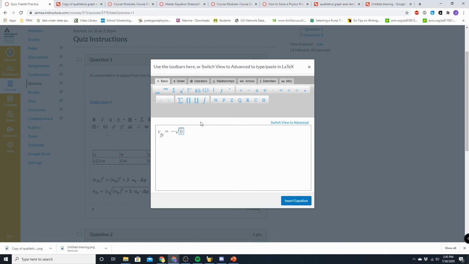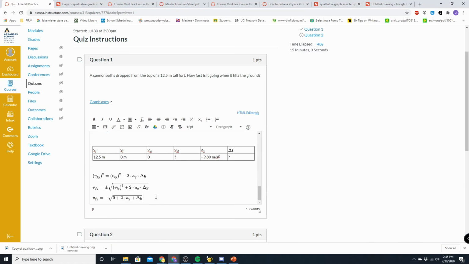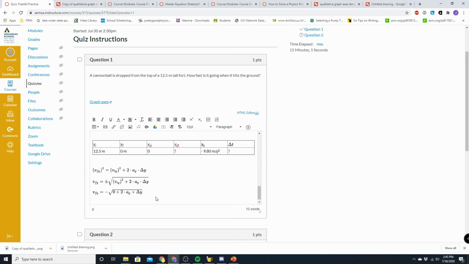Viy is 0, so we just have 2 times ay times delta y. I do allow you to plug in zeros before the step where you plug in all the values. And finally, we're ready to plug in the values.